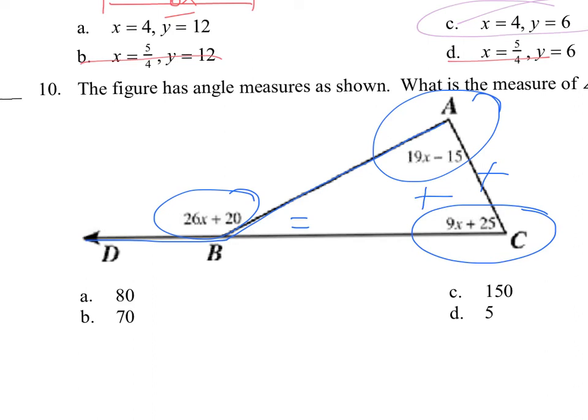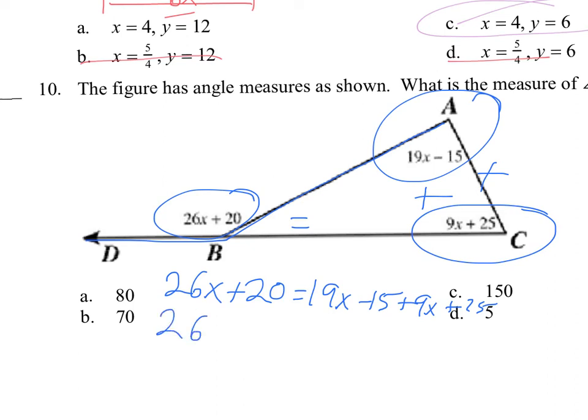So to set up our equation, 26x plus 20 equals 19x minus 15 plus 9x plus 25. Sorry, I ran out of space there. So let's solve that. 26x plus 20 equals 19x plus 9x is 28x. Negative 15 plus 25 is plus 10.